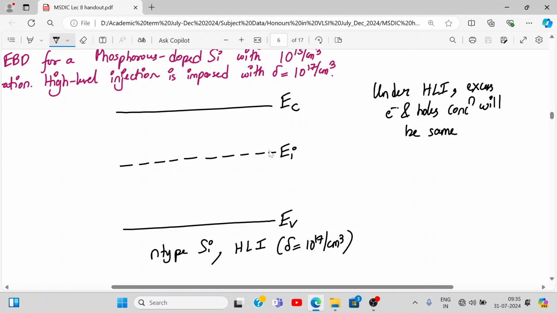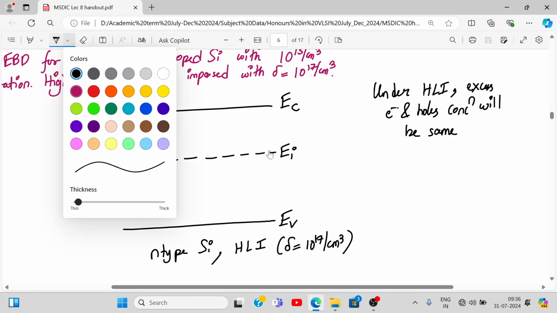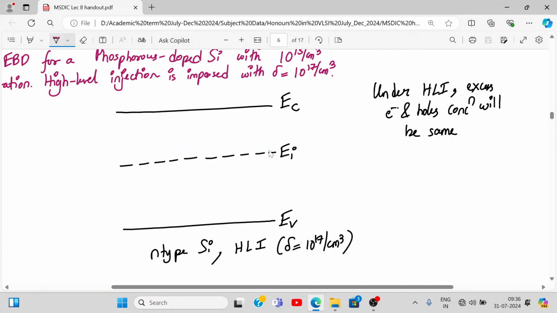Understood? So how will you show the energy band diagram? There will be both EFN and EFP, since the concentration is very, very high. Dekho, the higher the concentration, the nearer the Fermi level is to the conduction or the valence band. So where will you draw it? Here it is. And they will be equidistant.